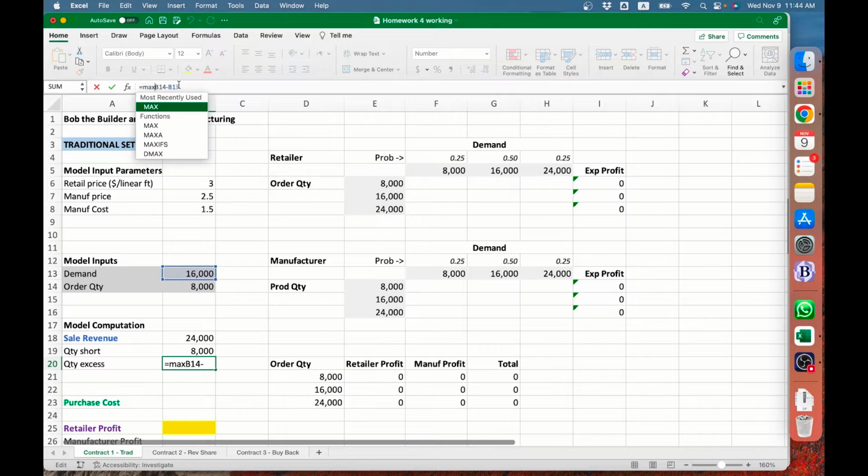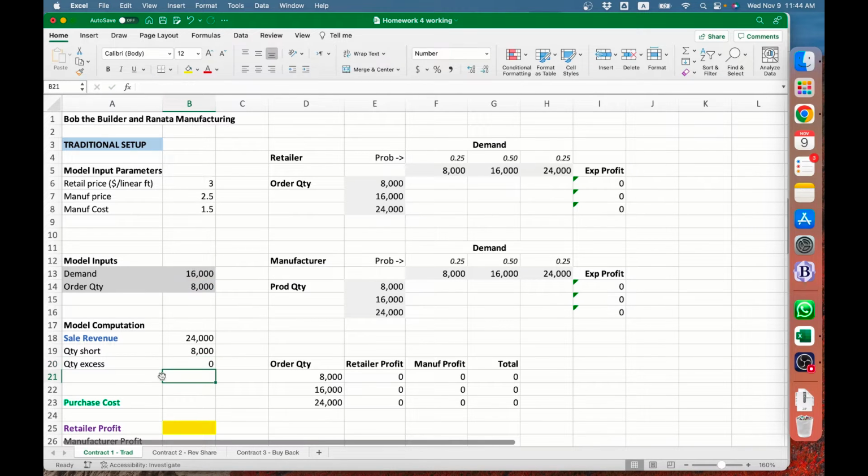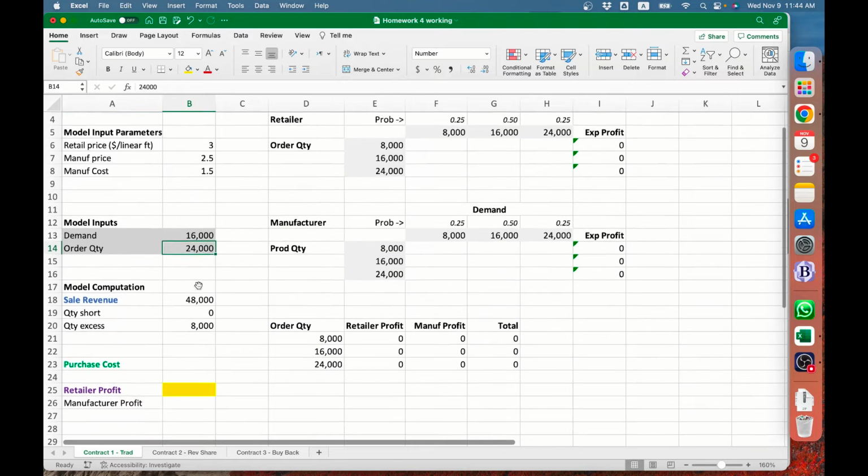If excess goes negative, give us a 0. Otherwise, give us that difference. So here you see excess is 0. We have a shortage of 8,000. If you did the other way, where shortage would be 0, excess would be 8,000. So using the max 0 comma trick, we can figure out how much is a shortage, how much is an excess for whatever demand and order quantity there are.